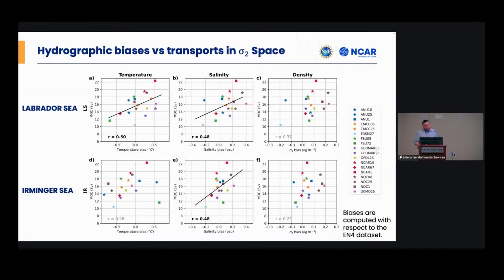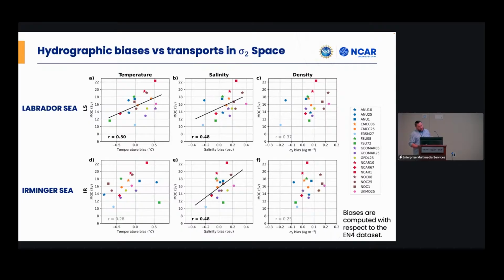We also tried to relate the mean transport to hydrographic biases in the model. Here I'm showing the relationship between the mean transport and the temperature, salinity and density bias in the Labrador Sea on the top row, and in the Irminger Sea on the bottom row. You can see that there is some weak relationship between the two in temperature and salinity space for the Labrador Sea.